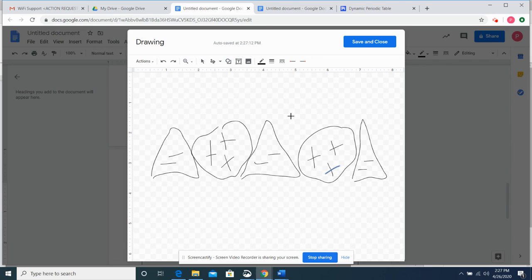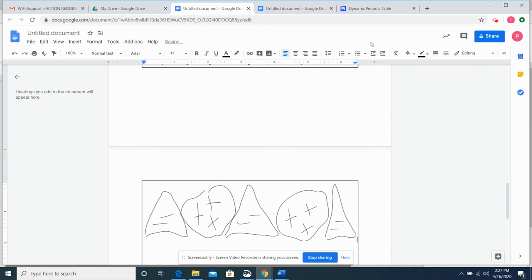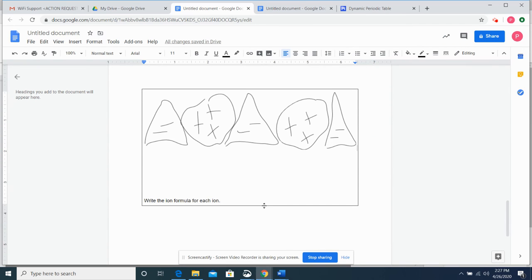All right, aluminum's a +3 and sulfur is a -2. And so now I need to write the ion formula for each ion. Let's see, there's aluminum, and I know that it's a 3+. I'm going to make that an exponent with control period, and press control period again so my cursor gets large.